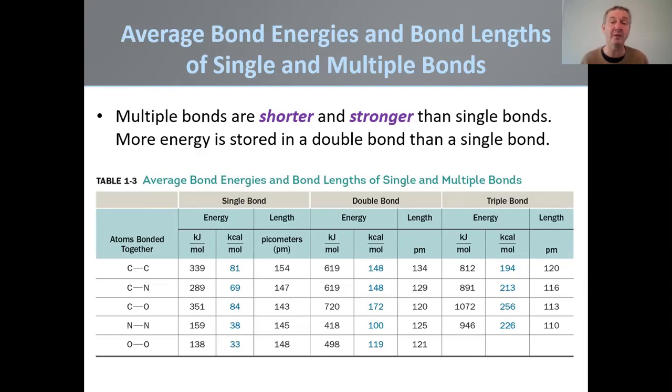The other thing I want you to notice is that as you get more and more rubber bands between them, the bands pull closer, so that you have 0.154 nanometers of bond length, 154 picometers, 10 to the minus 12, of bond length for a single bond. But as the bond gets to be a double or triple bond, it goes from 154 to 134 to 120.